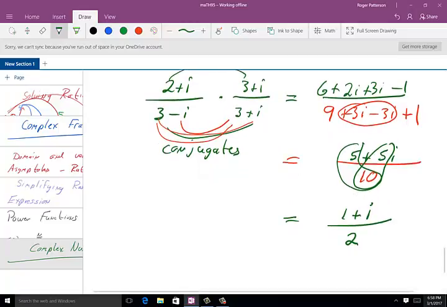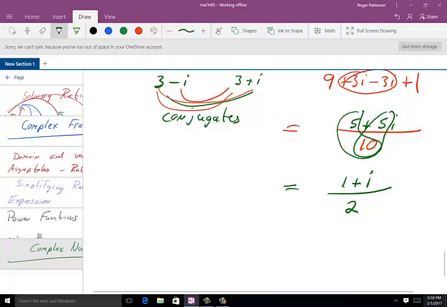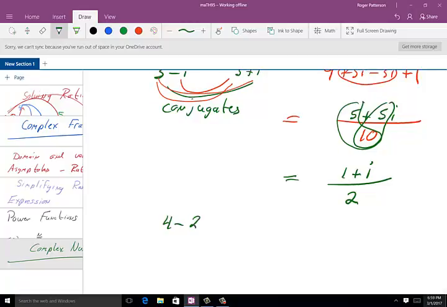Okay, so let's try another one. 4 minus 2i over 1 plus 4i. Okay, so here's our other one.